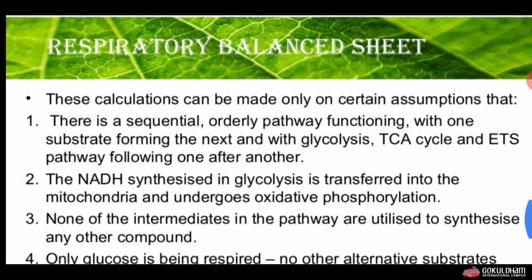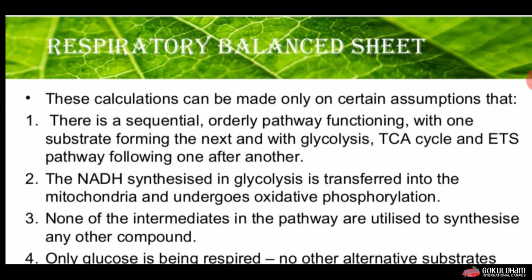The next point is the respiratory balance sheet. This calculation can be made only on certain assumptions: that there is a sequential, orderly pathway functioning, with one substrate forming the next, and with the glycolysis, TCA cycle, and electron transport system pathways following one after another.